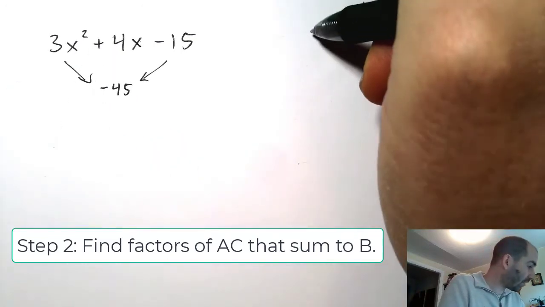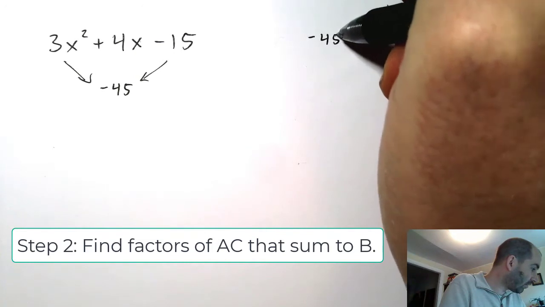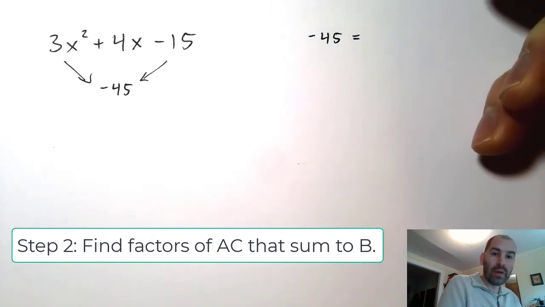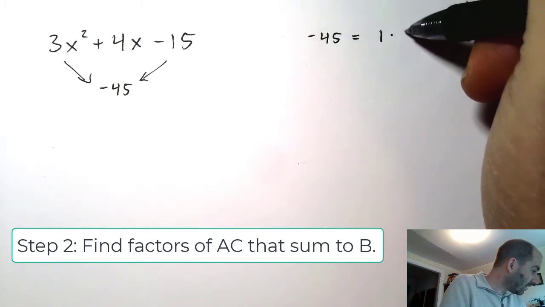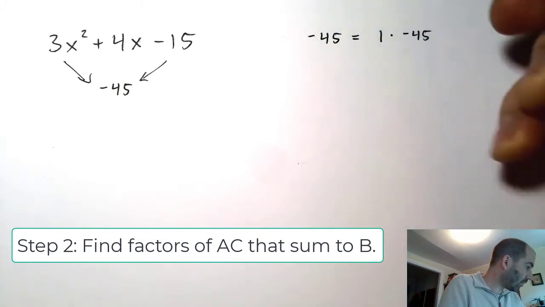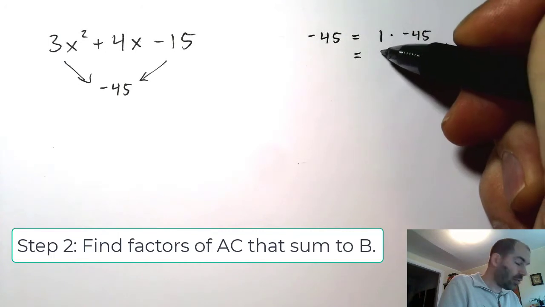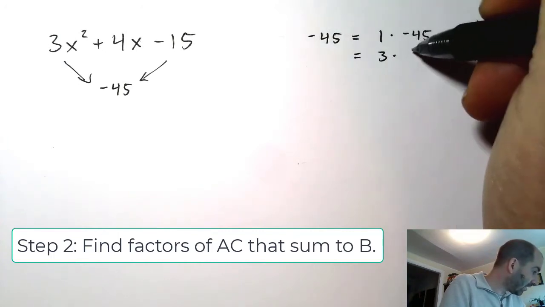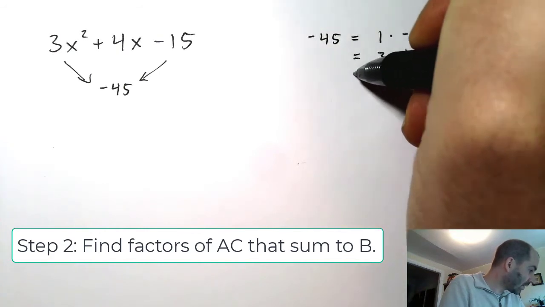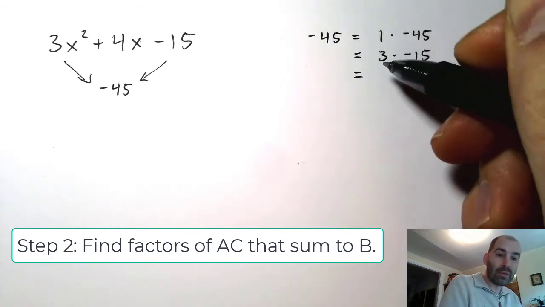So let's go over here on the side and factor negative 45. Well, it factors as 1 times negative 45. That's one factorization. Is 2 a factor? No. How about 3? Yep, 3 is a factor. 3 times negative 15. What about 4? No. What about 5?